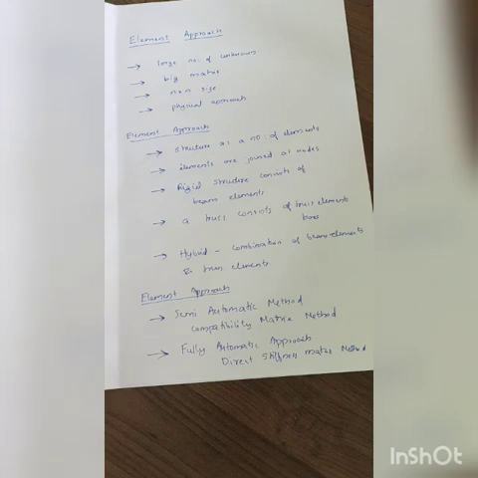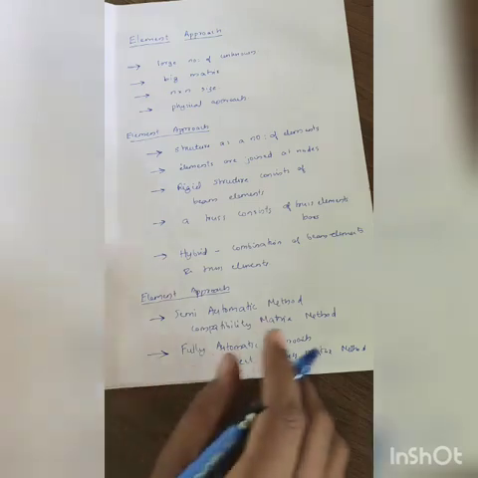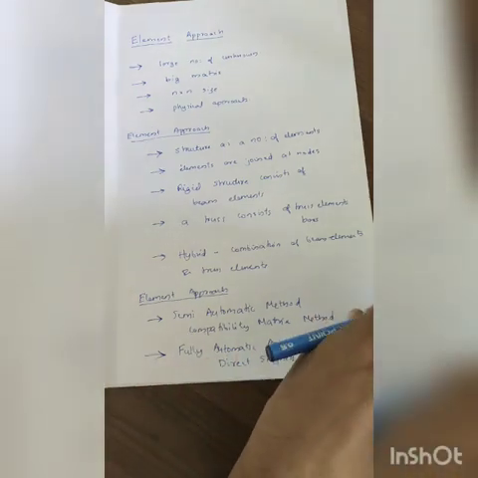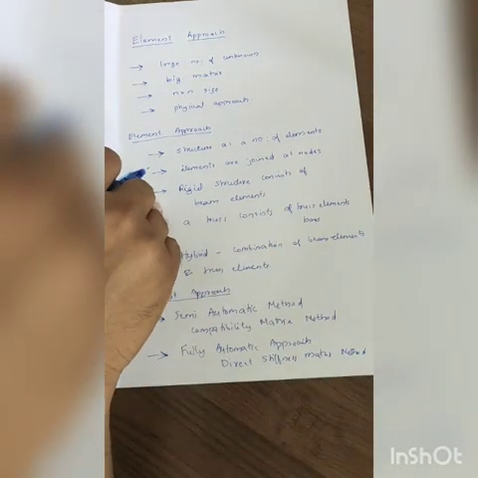In the element approach there are two typical methods: the semi-automatic method, which is the compatibility matrix method, and the fully automatic method, which is the direct stiffness matrix method. The semi-automatic method will be discussed after learning the direct stiffness matrix method, so we are directly jumping into the fifth module.